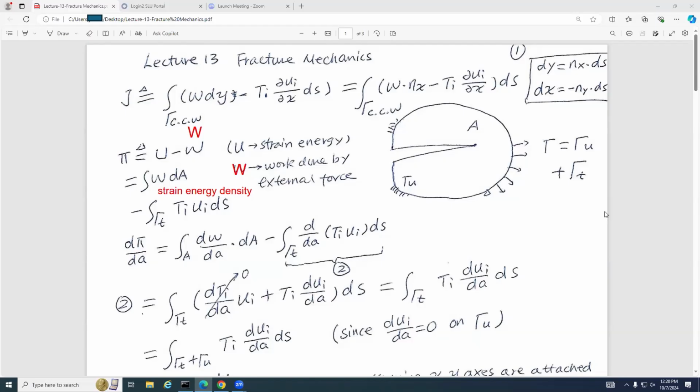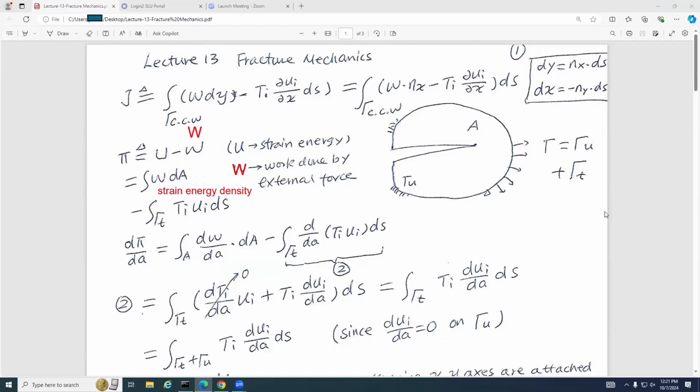So what is gamma u? On this boundary, displacement is prescribed. On the other boundary, the traction is prescribed. You understand, guys? Maxim and Bobby, you took the FEM course with me, right?